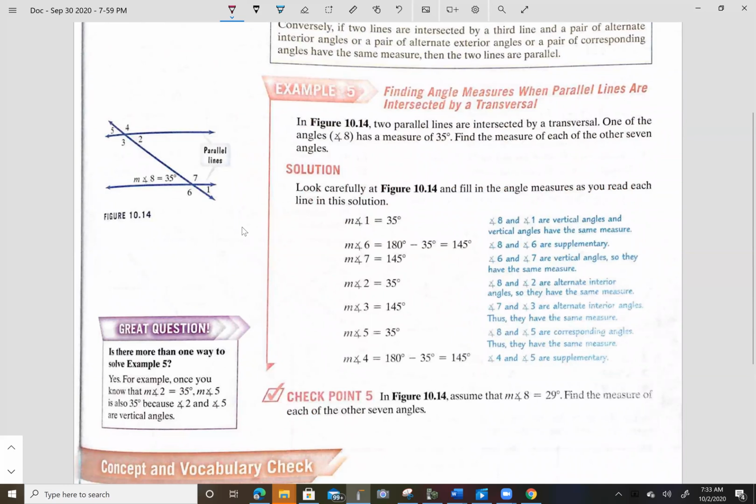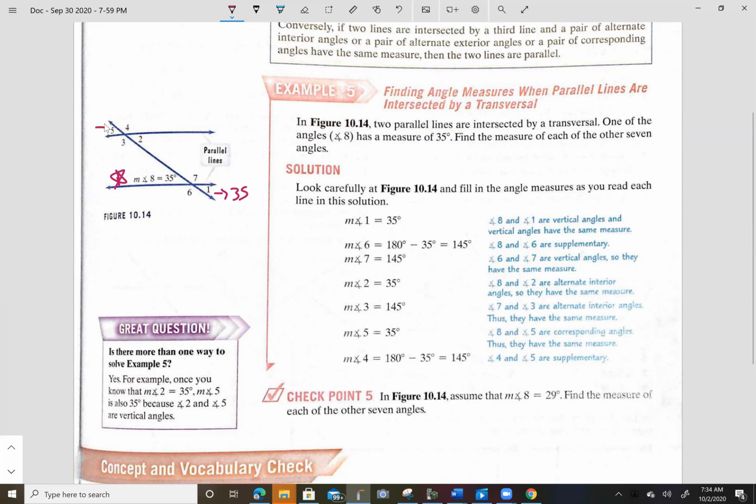Finding angle measures when parallel lines are intersected by a transversal. It wants us to find all of the angles here, but we only know one. We only know that the measure of angle 8 is 35. But that gives us a lot. If the measure of angle 8 is 35, then the measure of angle 1 is 35 because they are vertical.